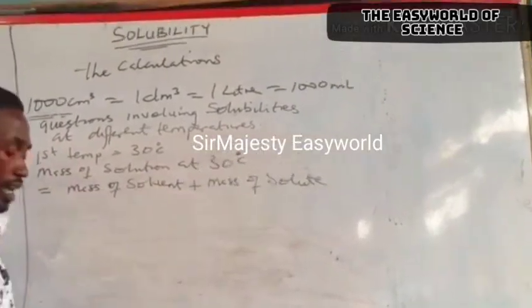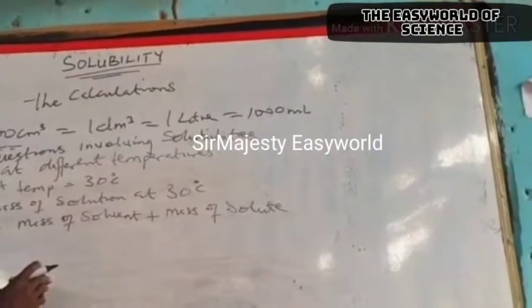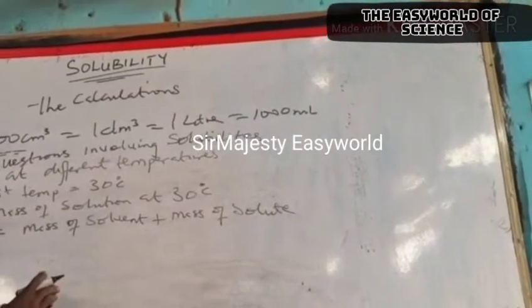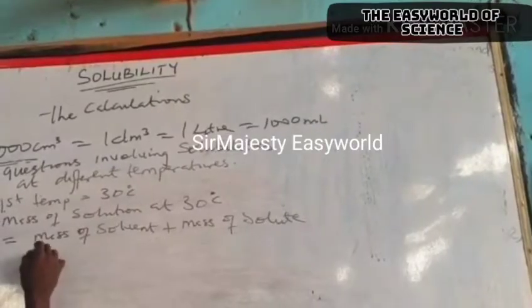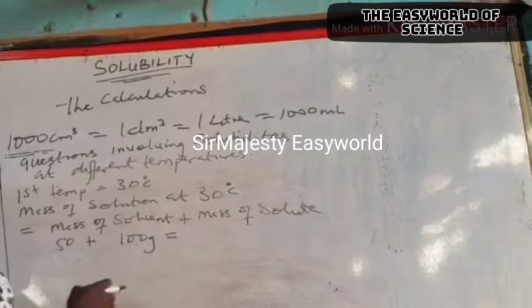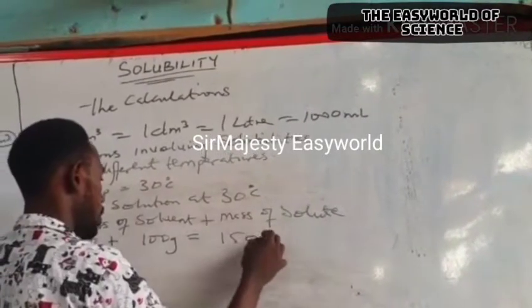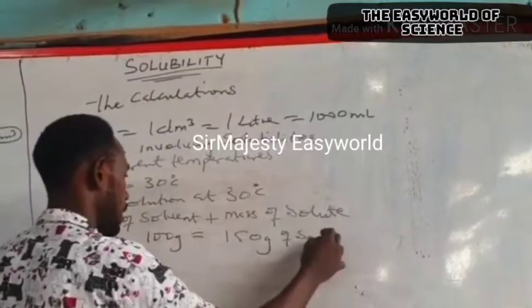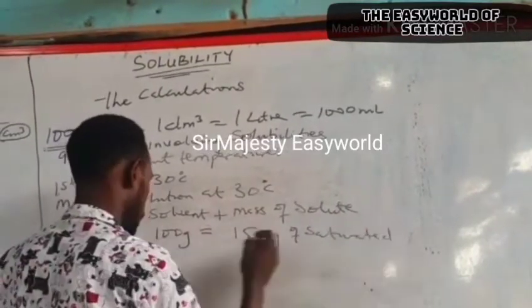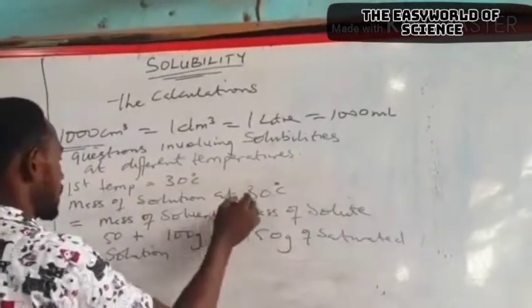Now, from the question, you write out the mass of solute at 30 degrees. Watch down the screen. The mass of solute at 30 degrees is 50 plus the mass of solvent is 100 grams. So, we are now dealing with 150 grams of saturated solution. This is the mass at 30.